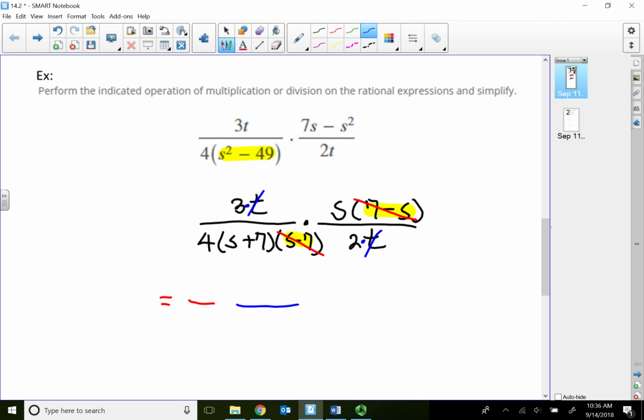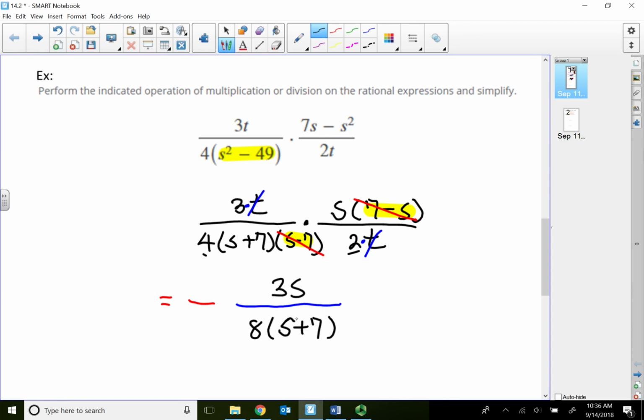So when we multiply side by side, we just basically write out what we have left. So 3 times s is 3s over the bottom. I have a 4 times s plus 7 times 2. So 4 times 2 is 8. And then I still got s plus 7.